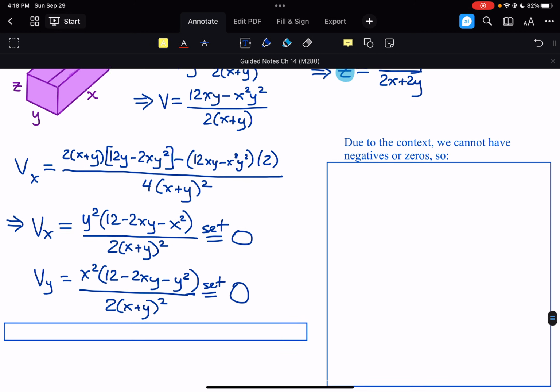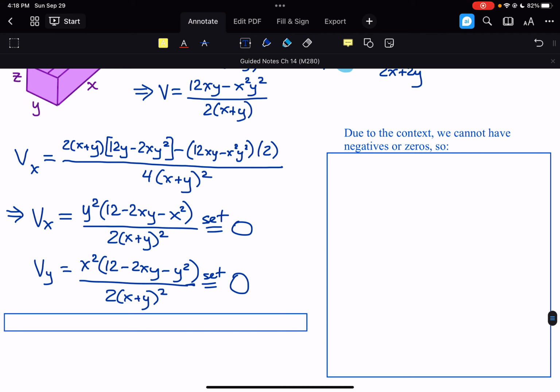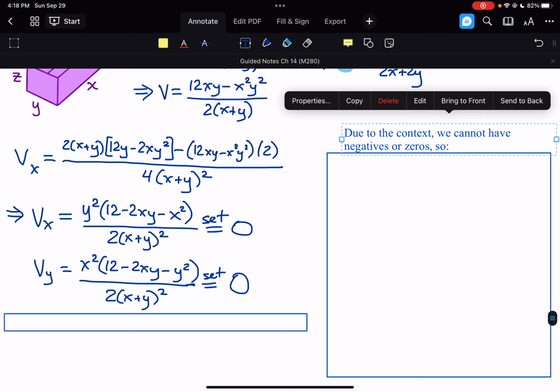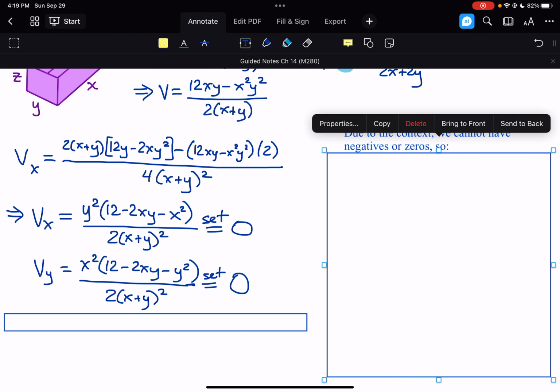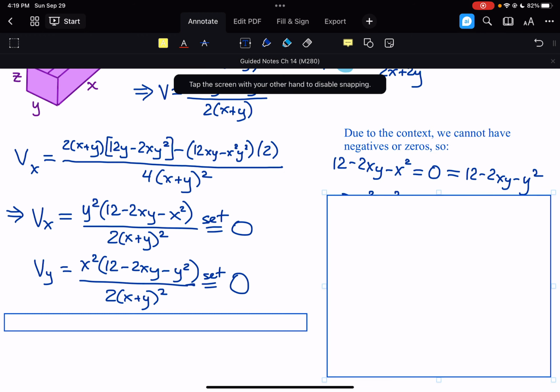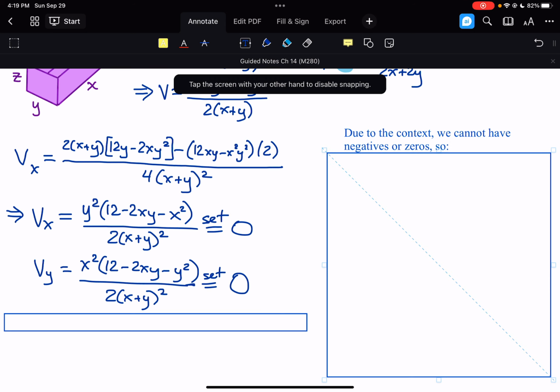So with that in mind, we can go ahead and, if I can get this to shrink, there we go. So they're both equal to 0. And notice I multiplied the denominators away, and I divided away the x squared and the y squared out in front, because again, we cannot have negatives or zeros.